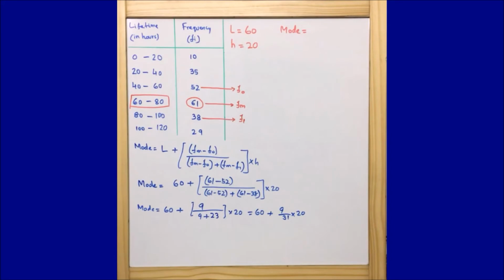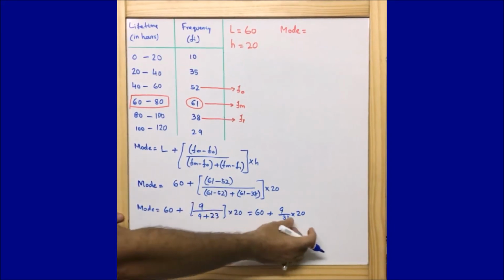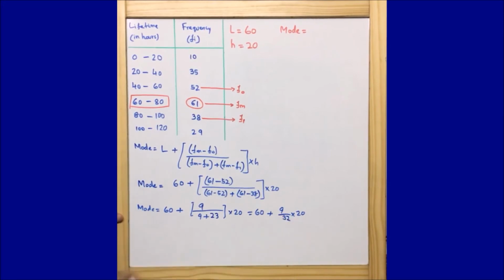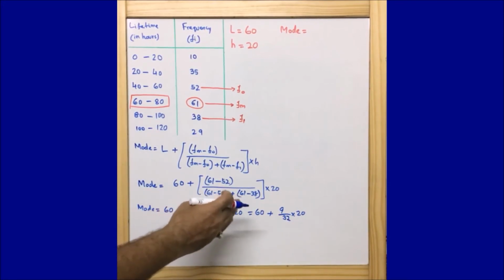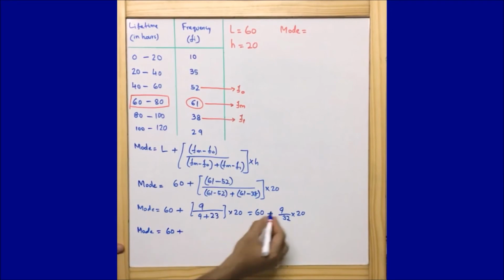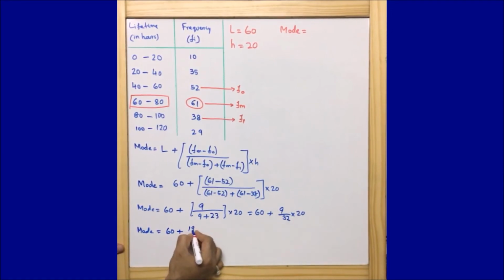Sorry, 9 plus 23 is 32. So we have here 60 plus 9 by 32 into 20. Now let us write mode is equal to 60 plus 9 into 20, which is 180, upon 32.